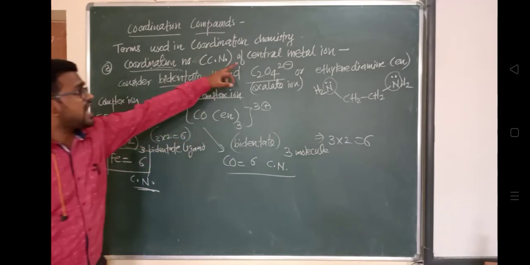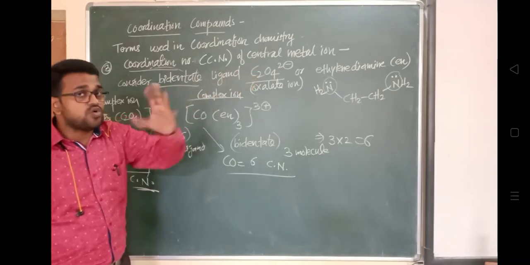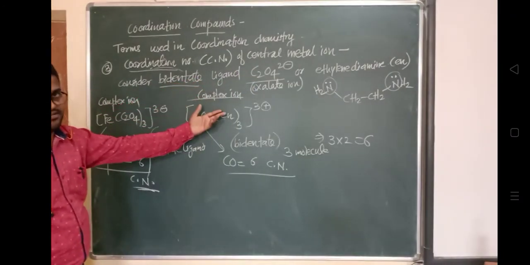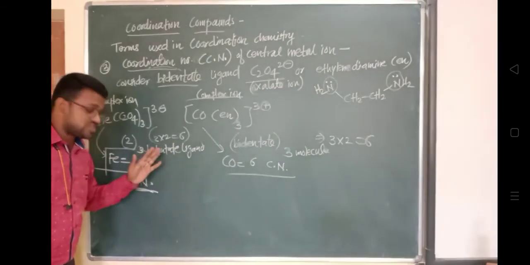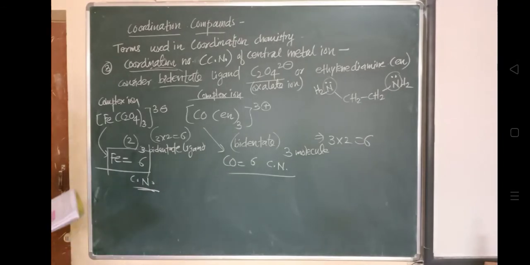So the fourth term we'll see is double salt and the coordination complex. So double salt: when there is a combination of 2 or more stable compounds, we will write first the combination.